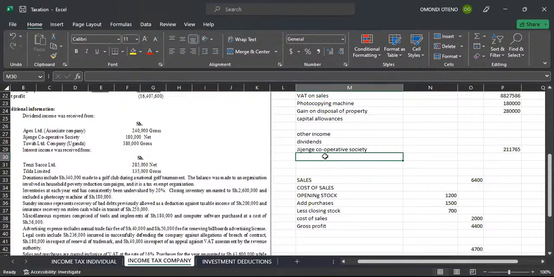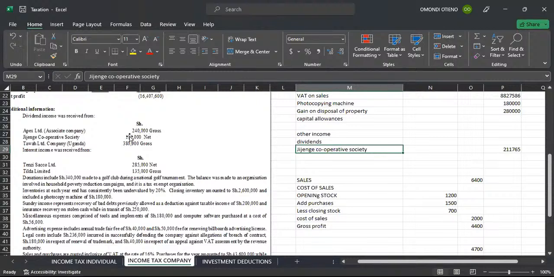Remember I've indicated it is other incomes. This one is supposed to be subjected to tax, but the only thing we are doing is we adjust it to the right value.